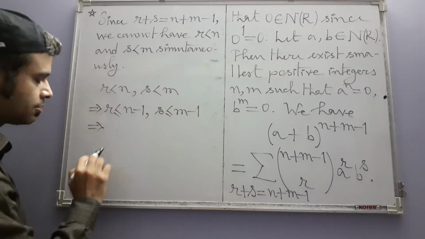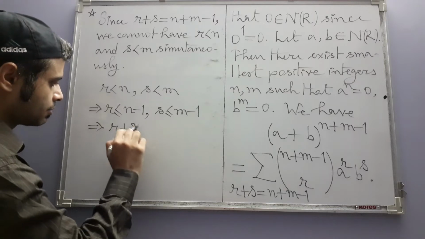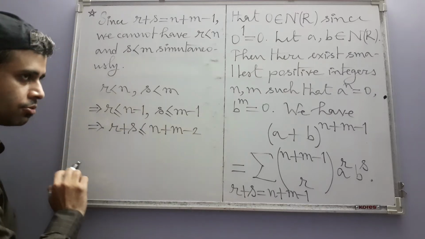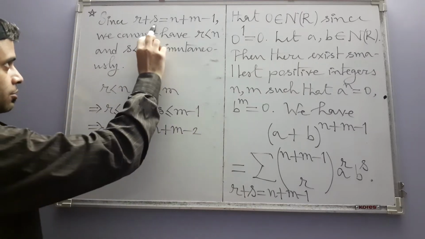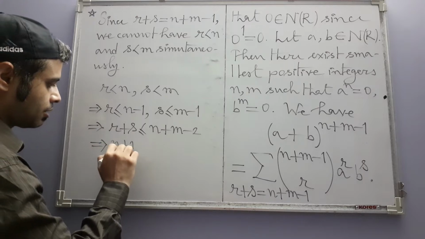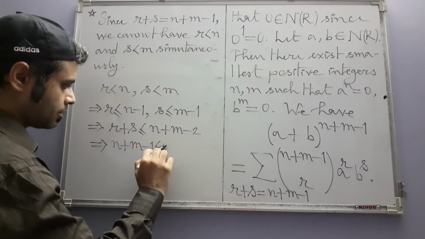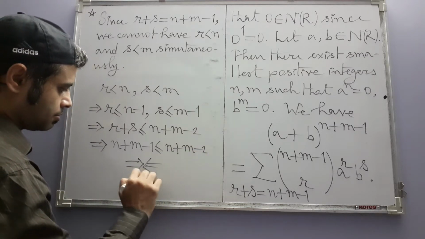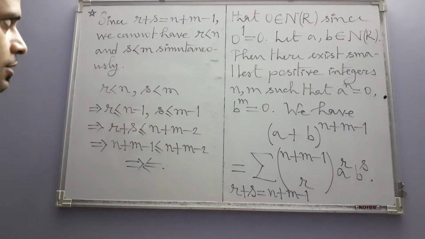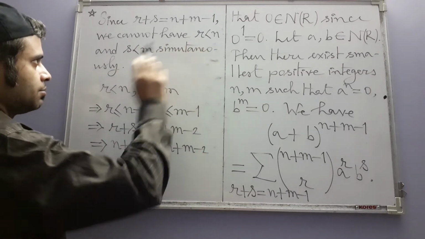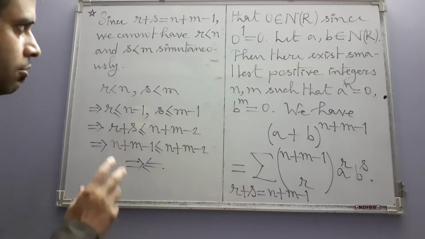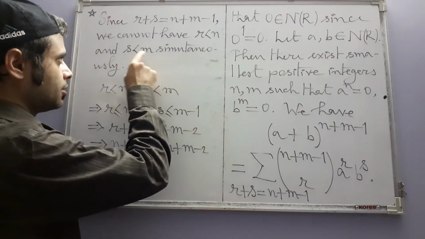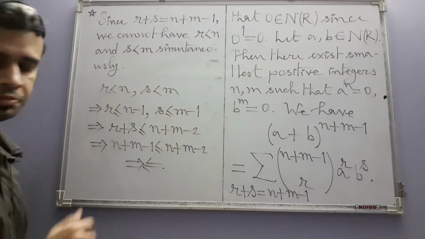But then if you add these two inequalities, you get r plus s less than or equal to n plus m minus 2 because of these two minus 1s. But you also have this, so n plus m minus 1 is less than or equal to n plus m minus 2, which is impossible. So this is a contradiction, and that is why at least one of them has to be false. That is, we should have either r greater than or equal to n or s greater than or equal to m or both.